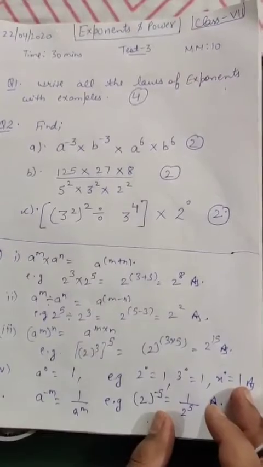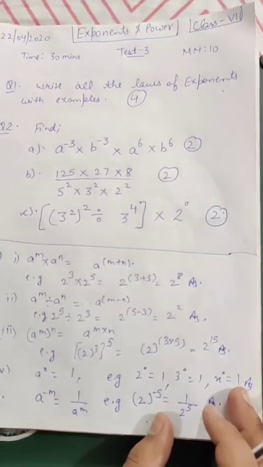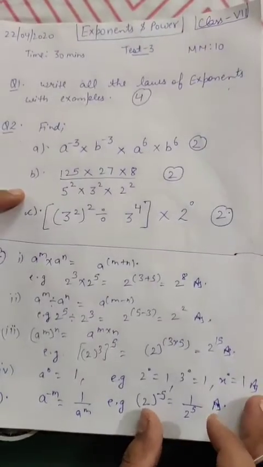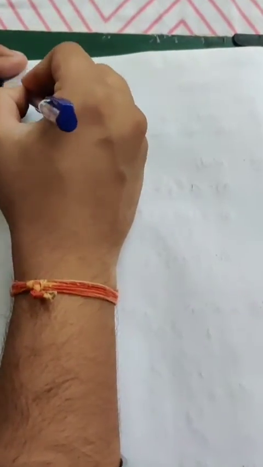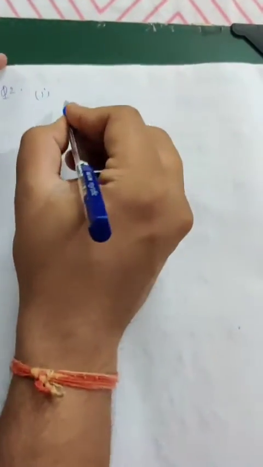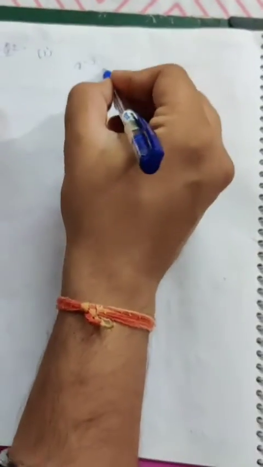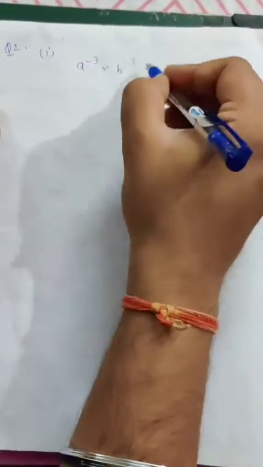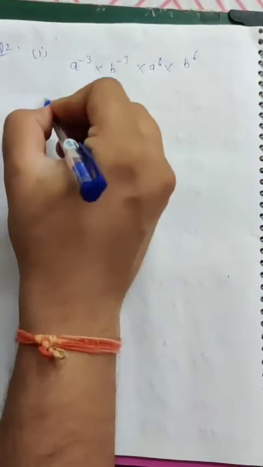Now let's see the second question, part a: a raised to the power minus 3, b raised to the power minus 3, a6 and b6. We have to find the value. Question 2, first part, a raised to the power minus 3 multiplied by b raised to the power minus 3 multiplied by a raised to the power 6 multiplied by b raised to the power 6.